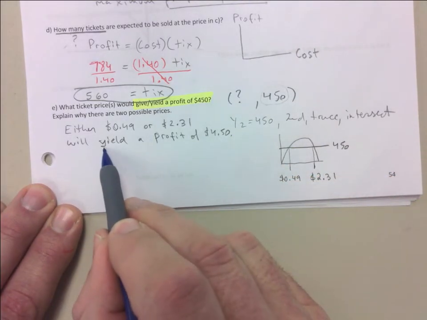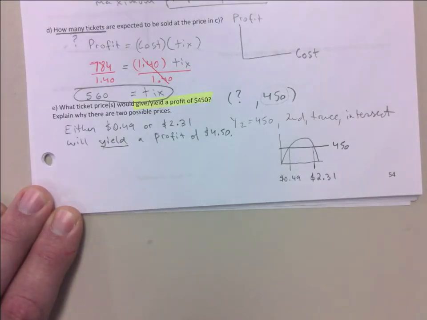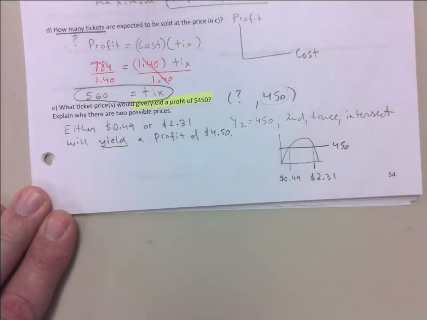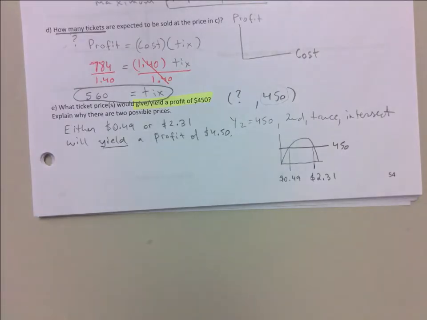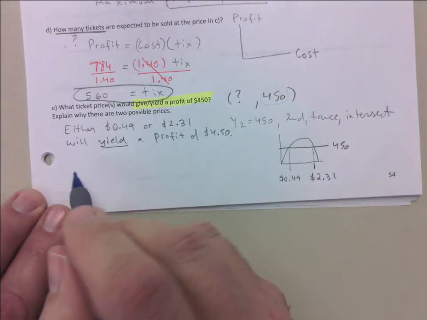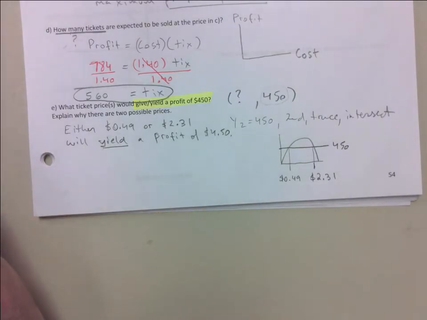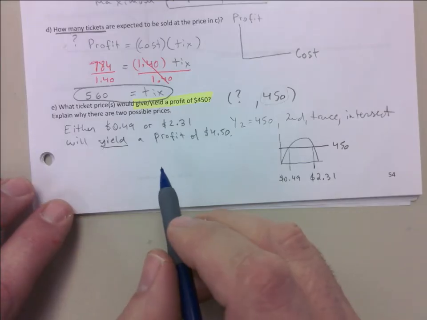Yield, have you heard of that word yield? Yield is gives. Like if your investment yields a lot of profits, it gives you a lot of profits, right? I know that if you do driver's ed, yield means you can merge into traffic. It's a little different use there.